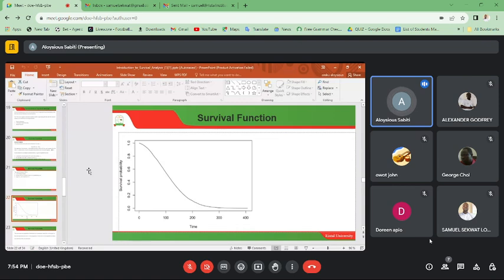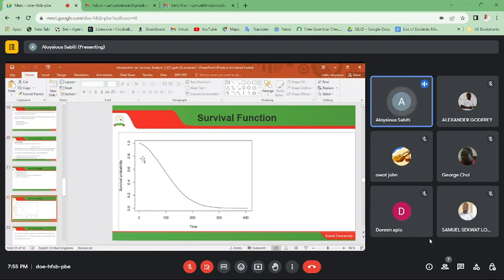So in the explanation of the survival function from this particular curve, you can see the probability of survival running from 0 to 1 vertically, and the time or the period of an event occurring ranging from 0 to about 400.